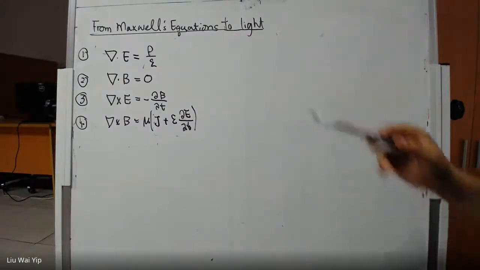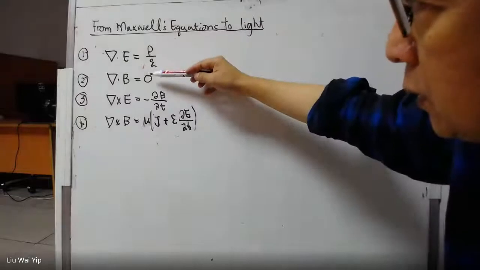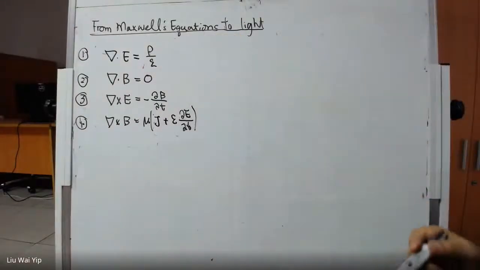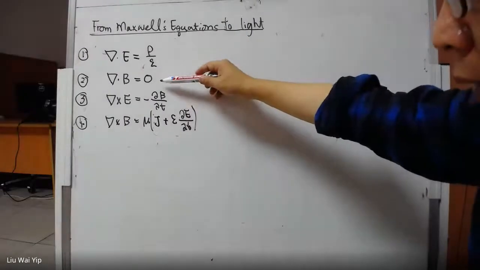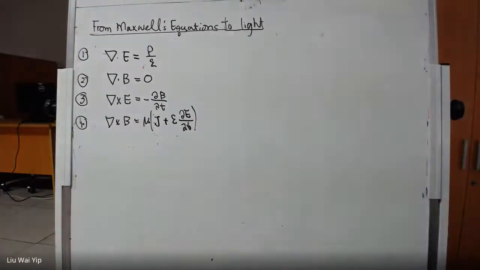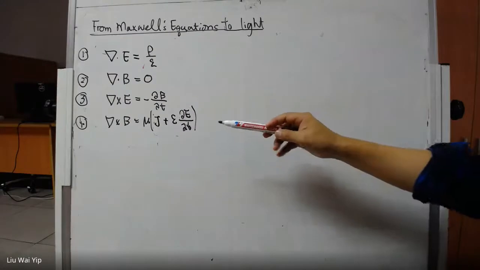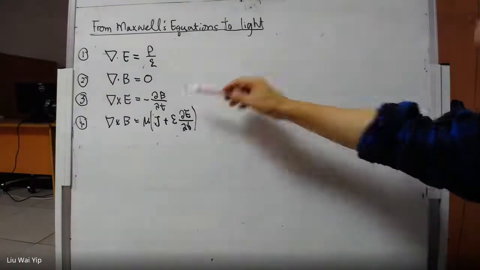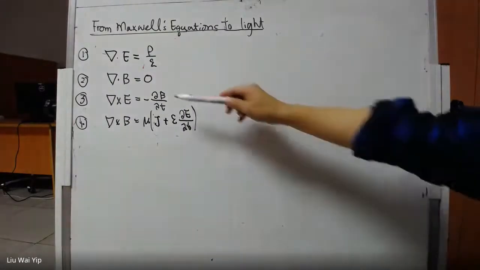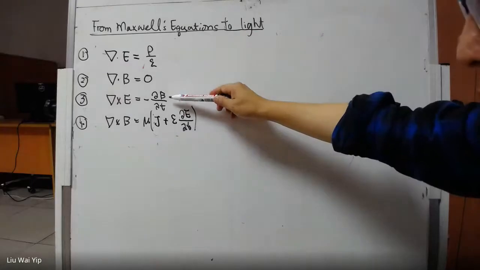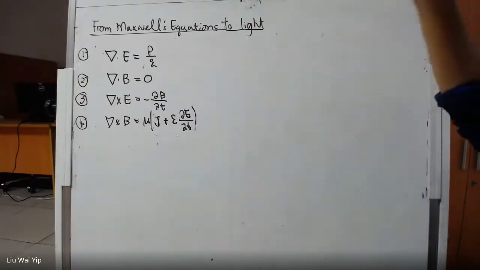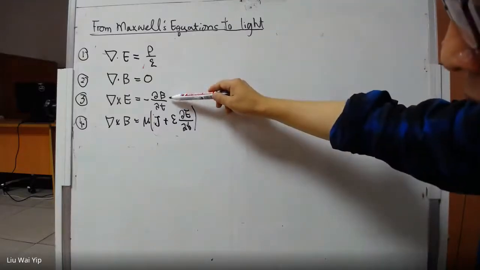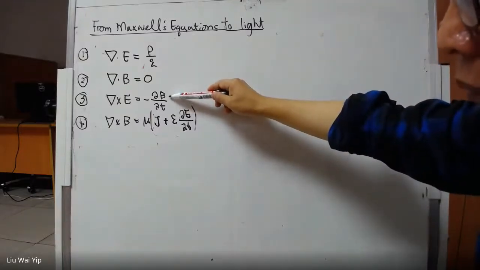The second Maxwell equation came from Maxwell himself. The divergence of magnetic field is always zero. The third Maxwell equation came from Faraday's law. The curl of the electric field is equal to the negative of the time derivative of the magnetic field.